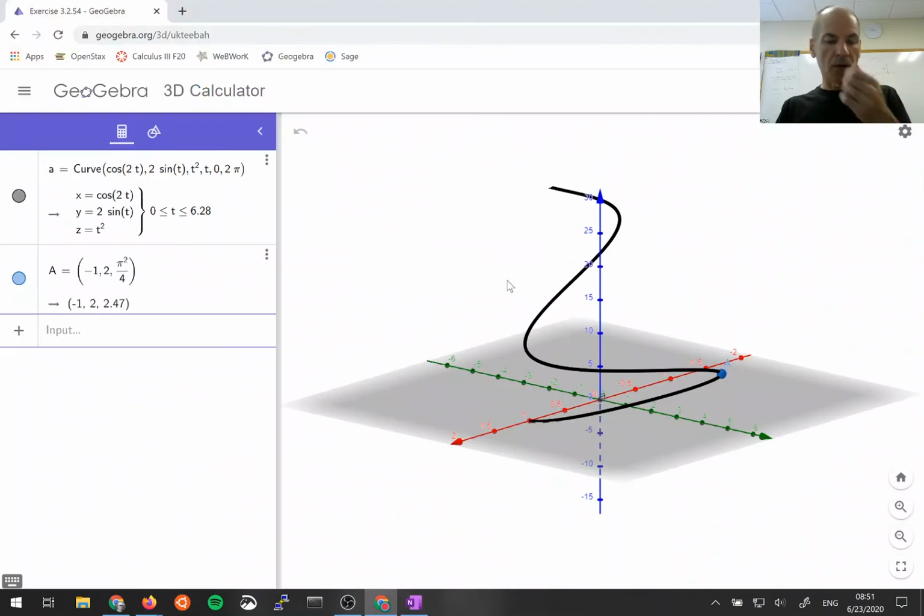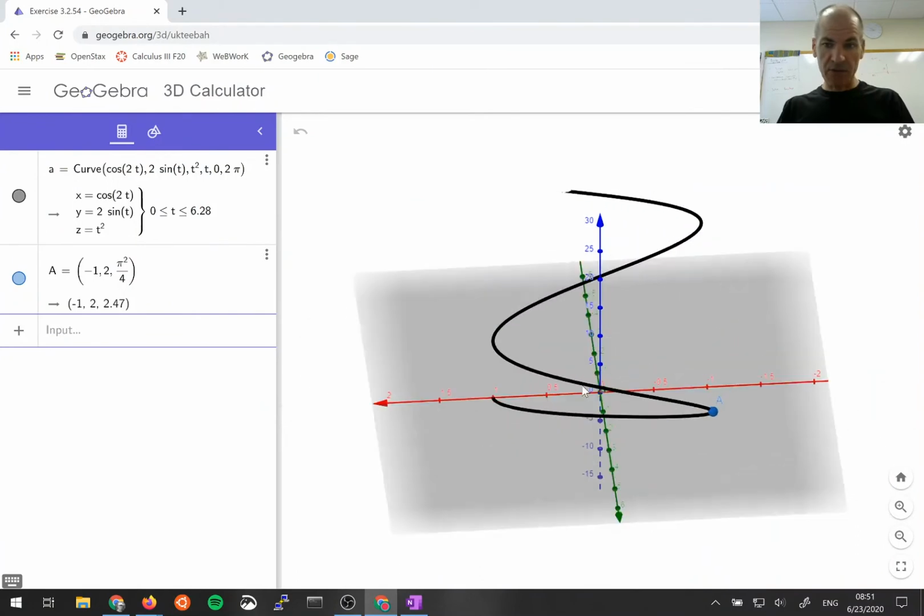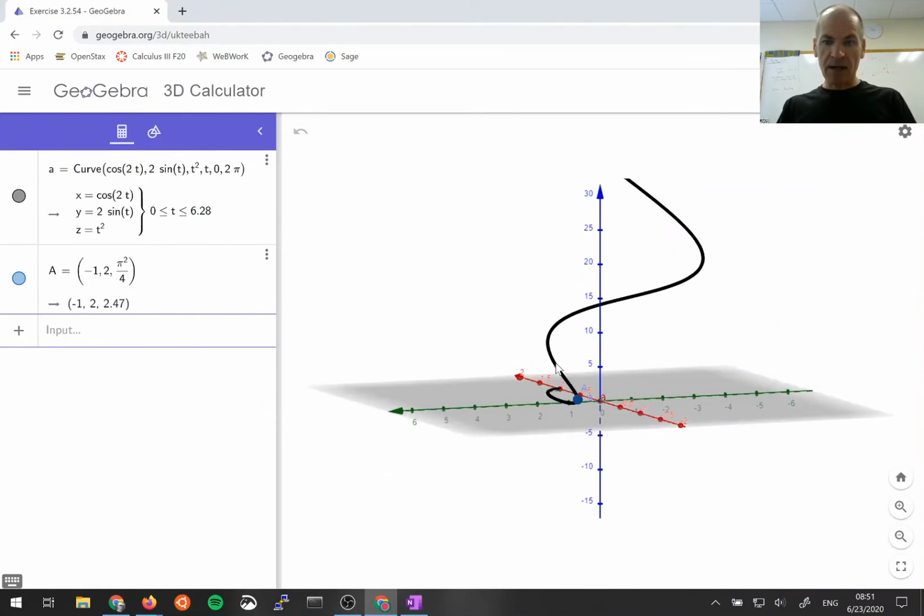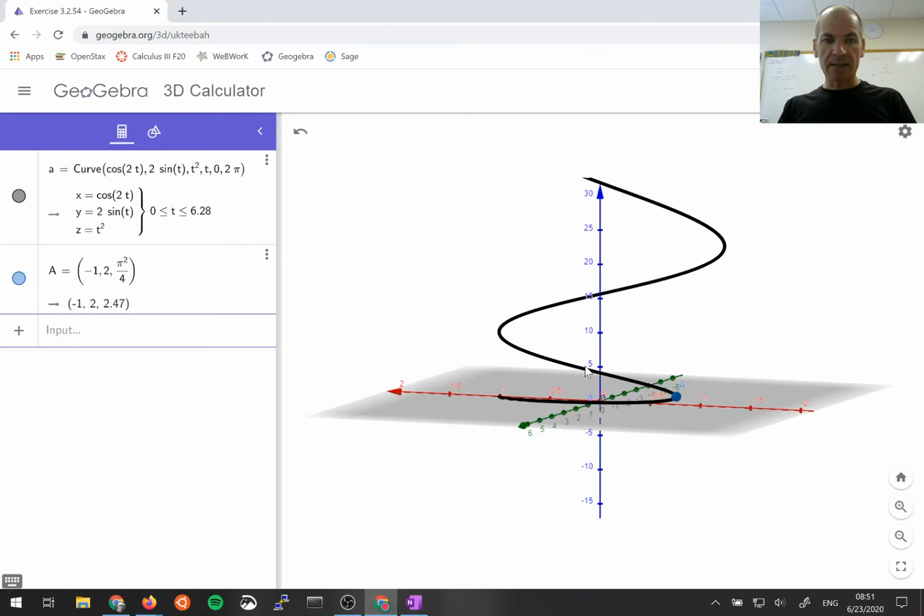And I plotted the whole curve. It's kind of a stringy mess. And let's look at the point at t equals pi over 2. If I take t equals pi over 2 and plug it into the derivative function, what I get is negative 1, 2, and pi squared over 4.